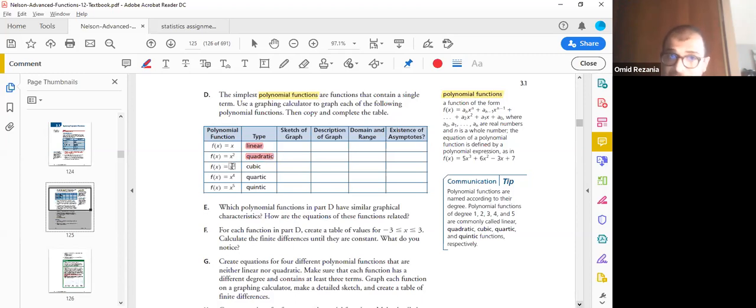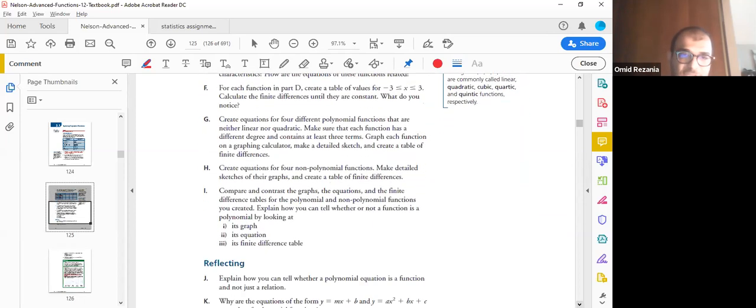If the highest degree is 3, we call that cubic. We should be fine for the course if we know these terms, but degree 4 is called quartic and degree 5 is called quintic. But we should be fine with the first three: linear, quadratic, and cubic.